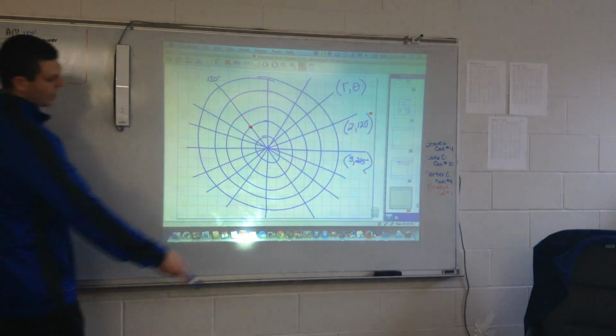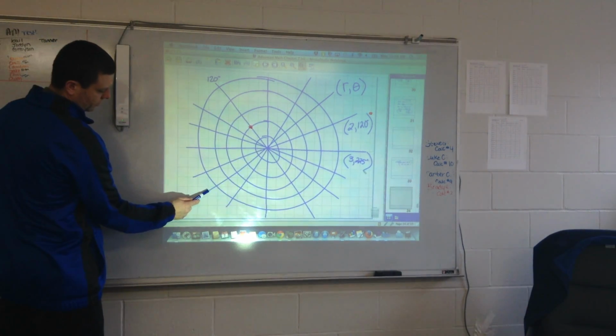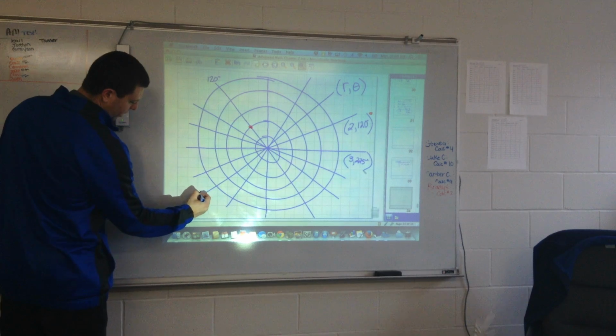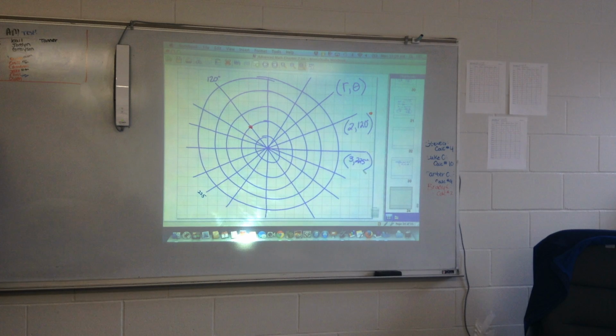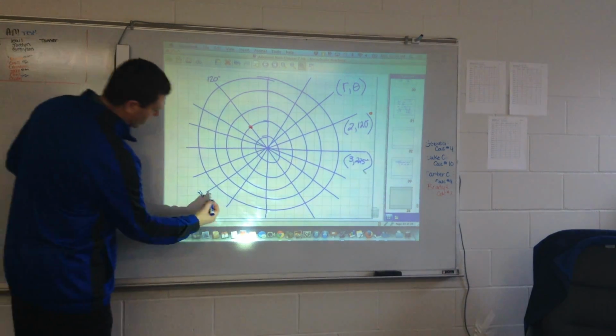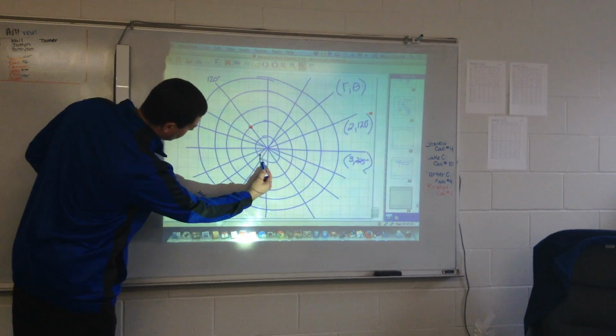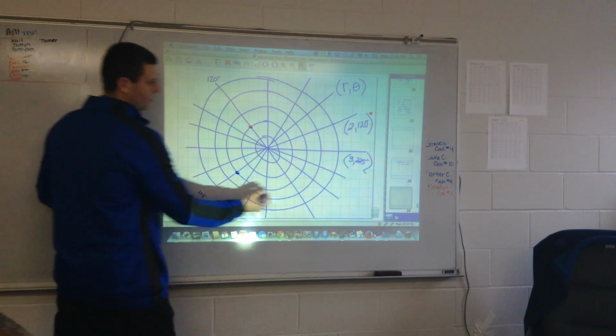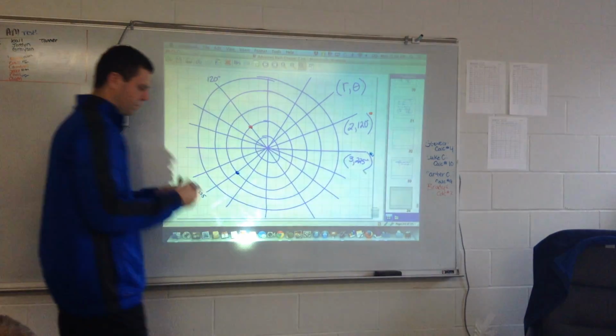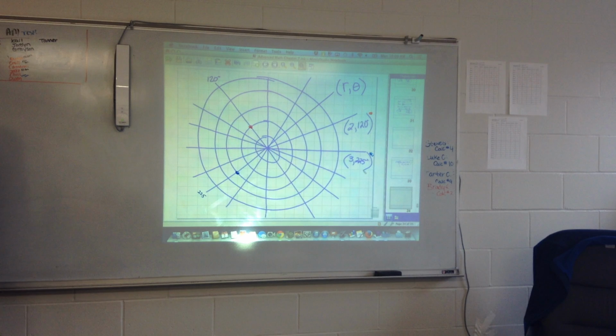So 225 for me is going to be on this one. You're going to have to go right in between 220 and 230 because yours is counting by tens. And then you go 3 units away from the origin. So 1 circle, 2 circles, 3 circles. So right there, that would be the blue point located up here. So 3, 225.